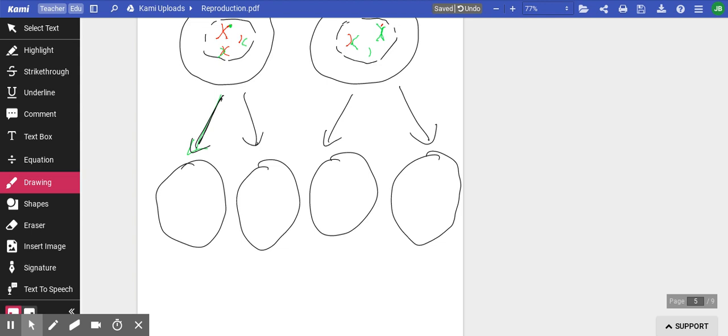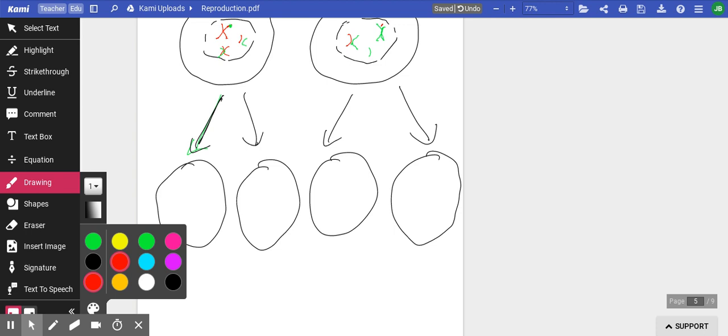So for chromosome 1 on the left-hand side, one of those chromatids will go to the left cell, one of those chromatids will go to the right cell. And again, with independent assortment, it doesn't matter which way they go. So I'm going to draw this one going here, this one going here with a little green tip on it.